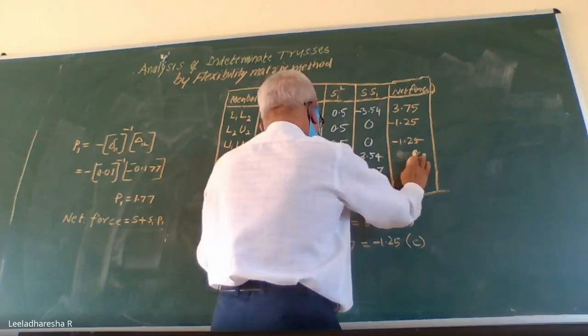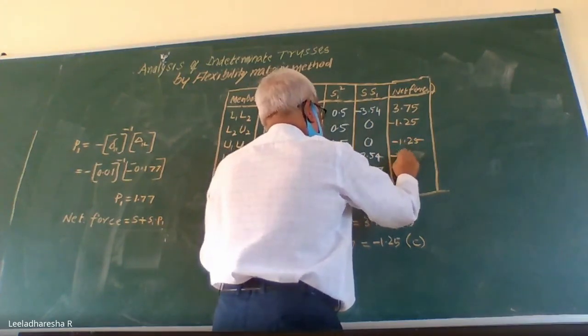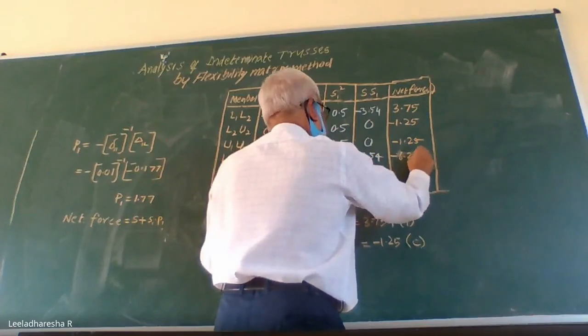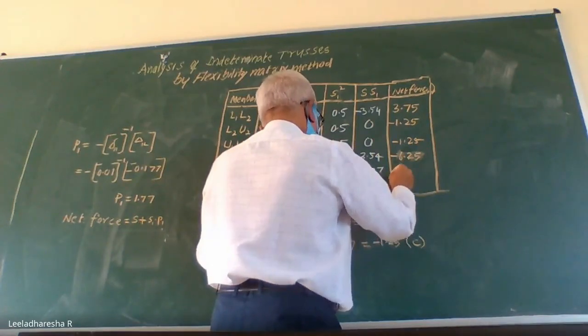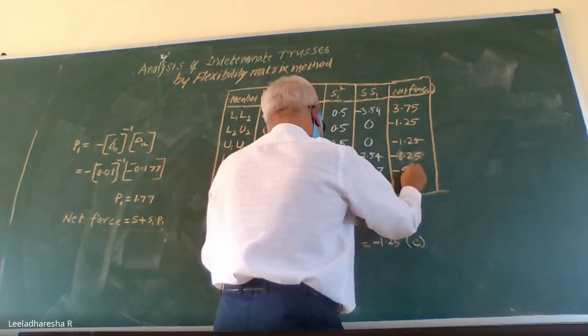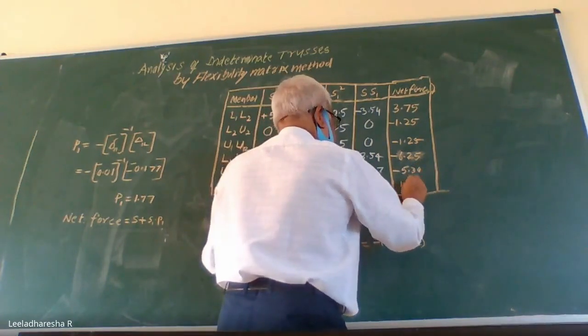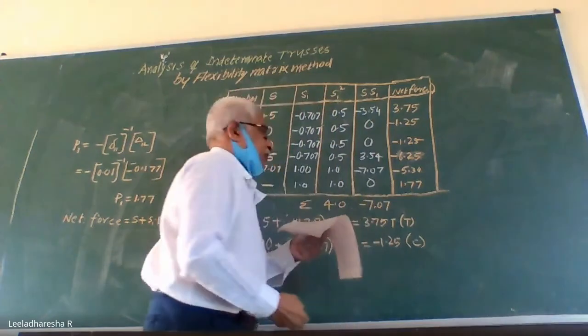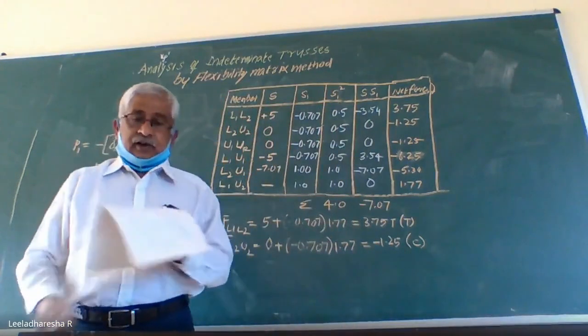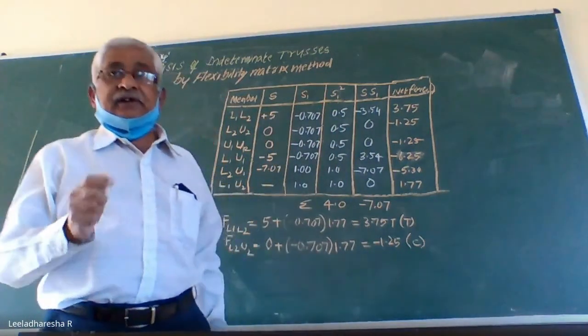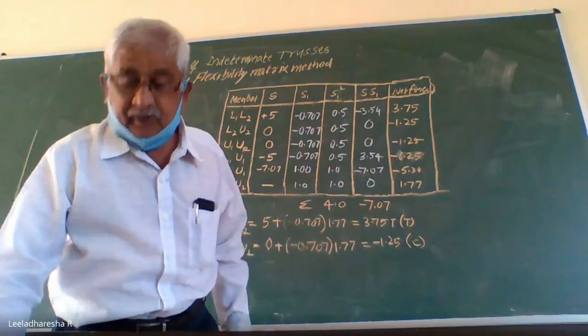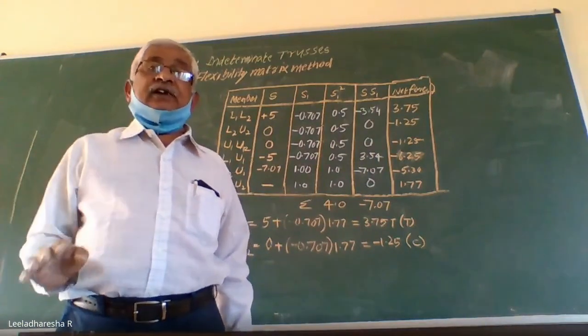This one is minus 6.25, minus 5.30, 1.77. So we have analyzed an indeterminate truss by means of the flexibility matrix.